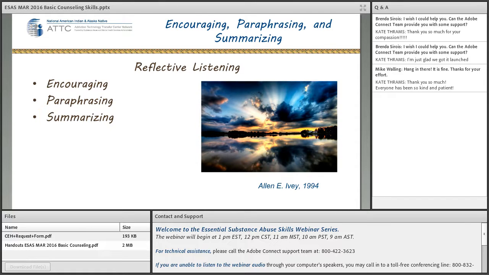Reflective listening is about encouraging, and then paraphrasing and summarizing. These are the three key points when it comes to reflective listening. In order to develop those skills, we must monitor the client's behavior for consistency with established treatment outcomes.